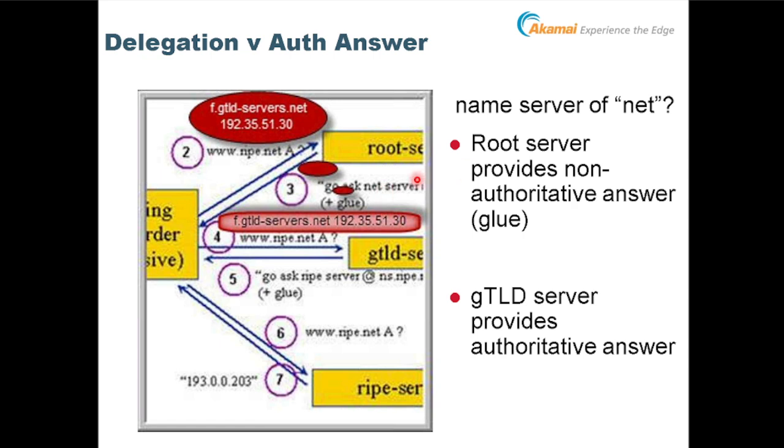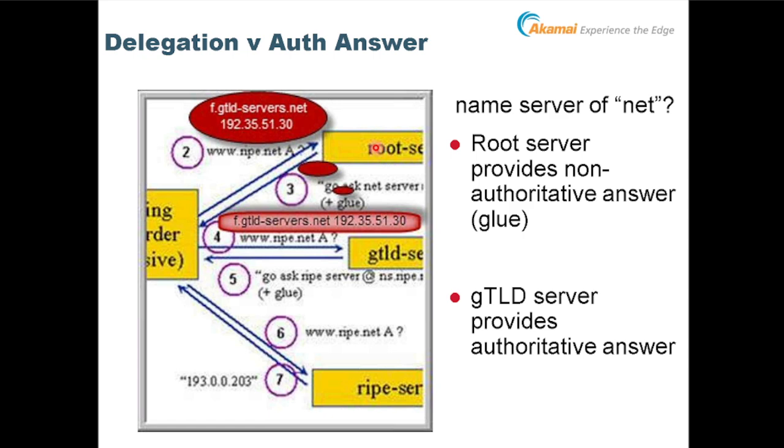However, I do know that there's a bunch of net servers, and the glue in here will be information that says f.gtld-servers.net, and then it gives the IP address. So that information in this red bubble up here is coming from the root server.